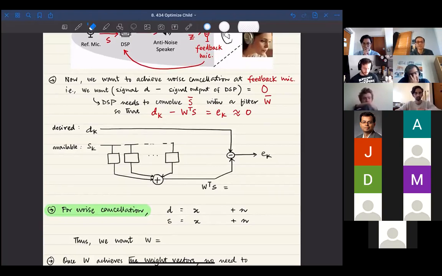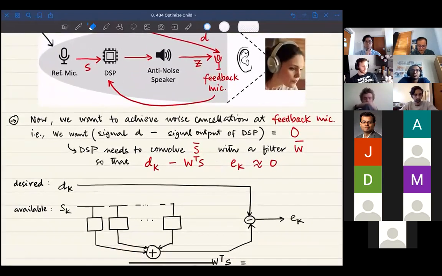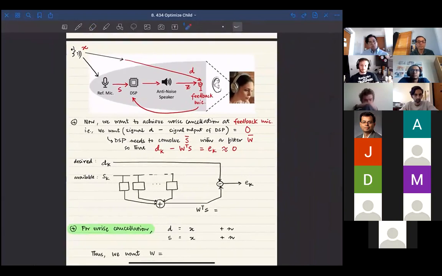It will become clear soon if it's not clear to you. And what is ek, guys? Is that your tolerance, like how close to 0 you can get? Yeah, that's true. But who is measuring ek? The feedback microphone is measuring ek, and you want the feedback microphone to measure 0.